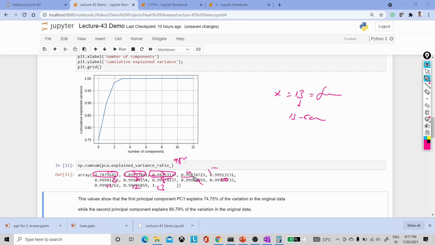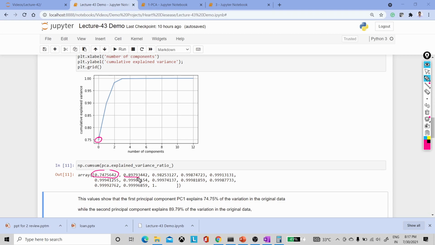If we take here 99.87, approximately, from here onwards all values are above 99. So at component 1 it is 74%.